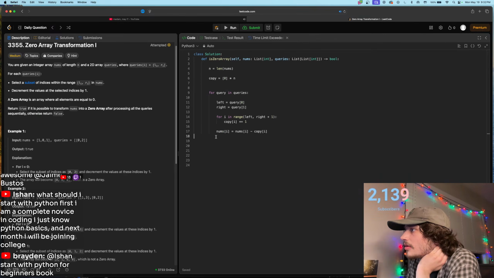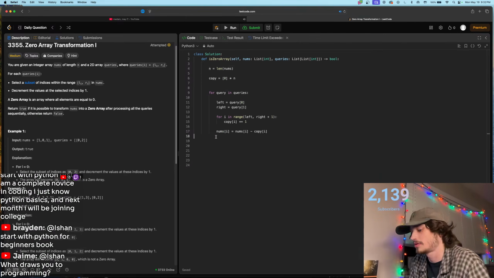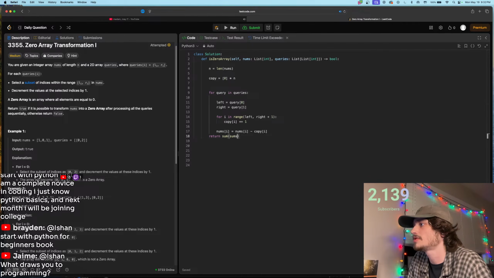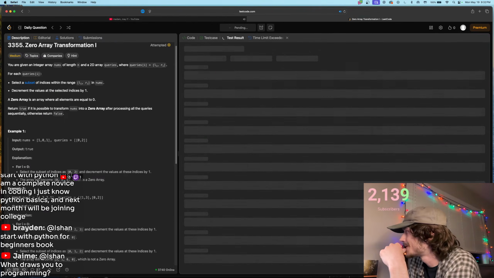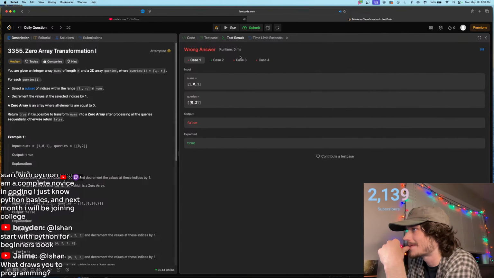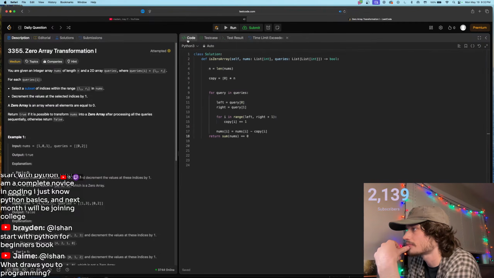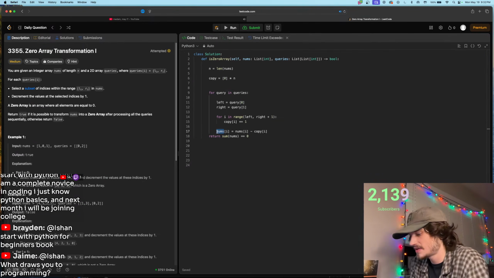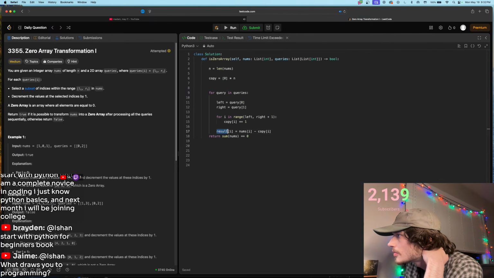And then return sum nums equal to 0. False. Crap. So if I save this rather as a result array, right?